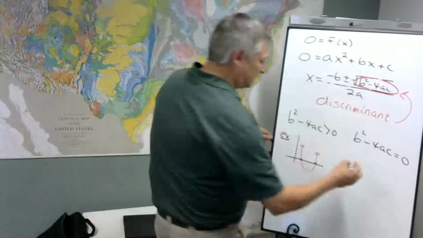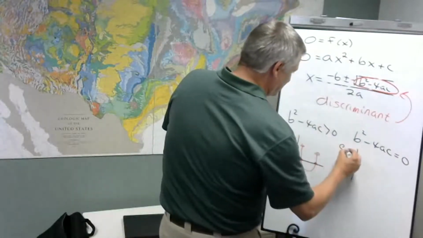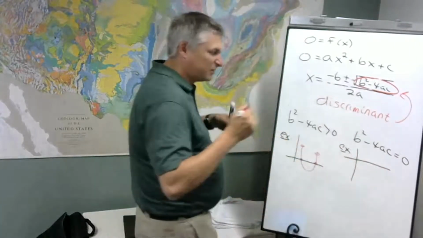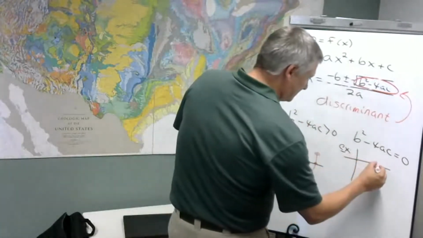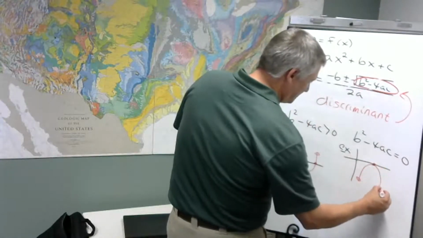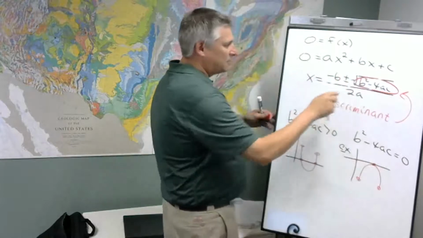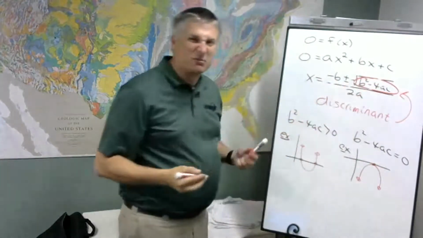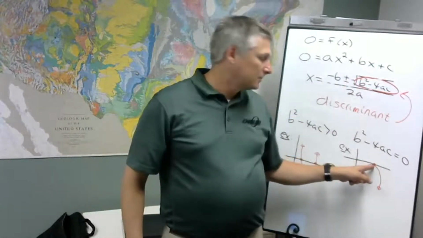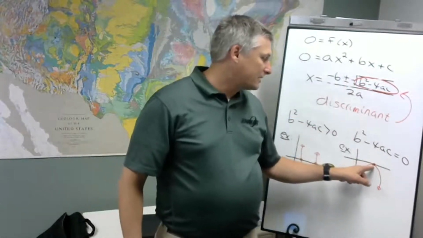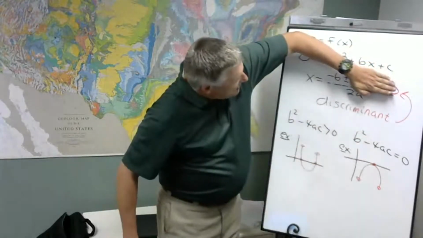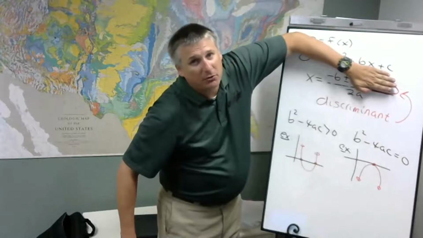So what that means, you might get something like this. And this is just, again, kind of a generic example, but the vertex, you might have noticed this negative b over 2a, when this becomes 0, it seems kind of familiar for an x-coordinate. Well, it'd be the x-coordinate of your vertex. And in this case, the vertex only contacts the x-axis at this one location, negative b over 2a.